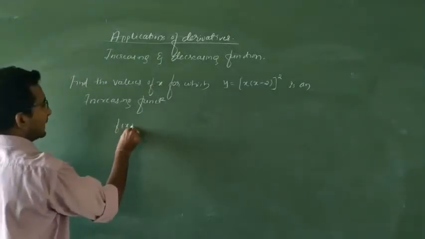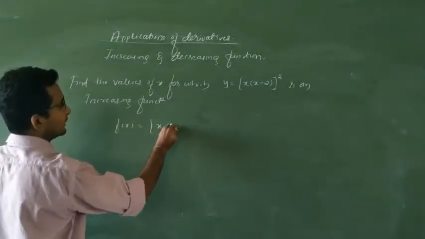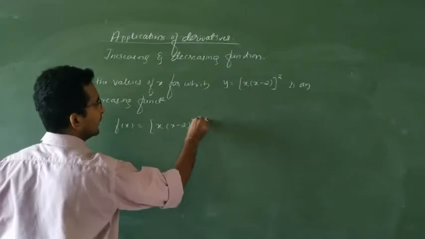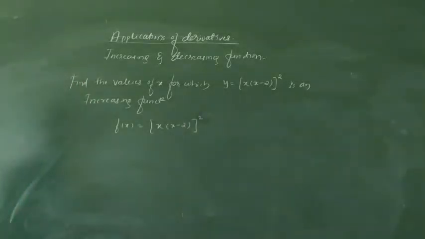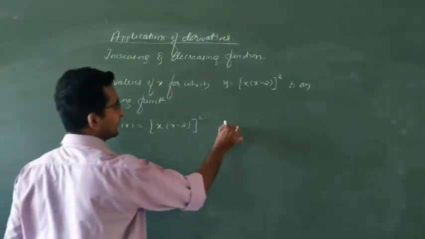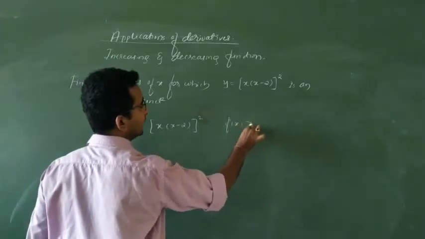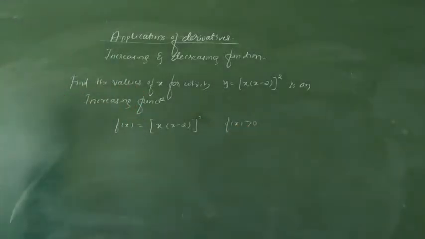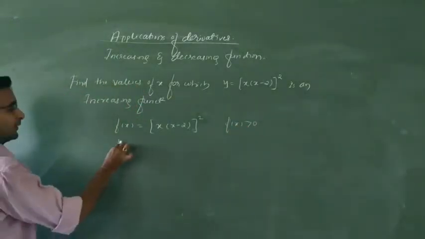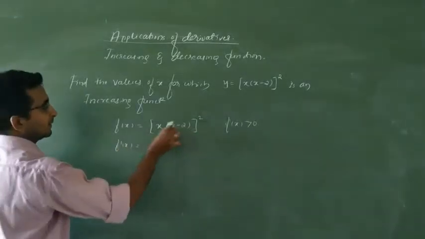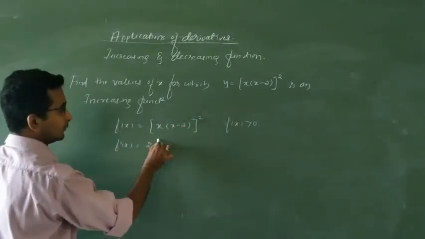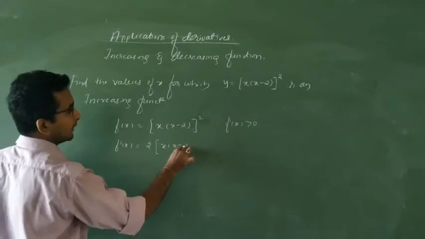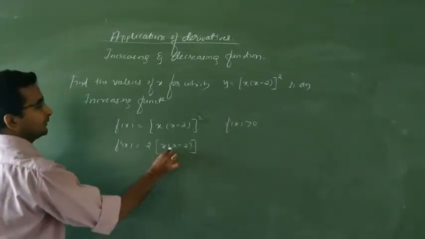The f of x I can write as x into bracket x minus 2 whole square. So what is the condition for increasing? That is f dash of x should be greater than 0. Okay. So what is f dash of x then? It is in the form of u into v.